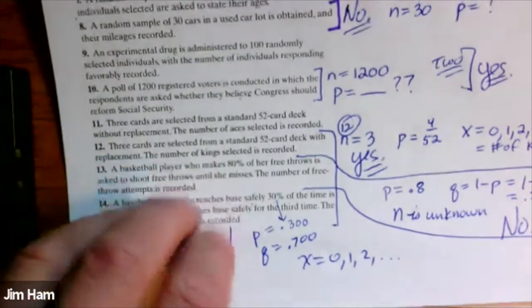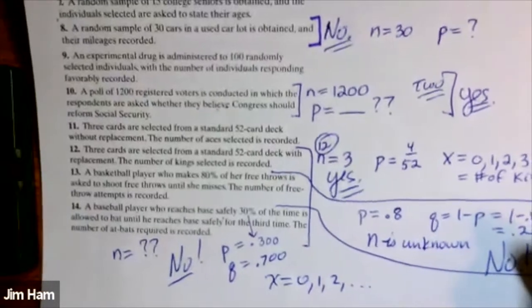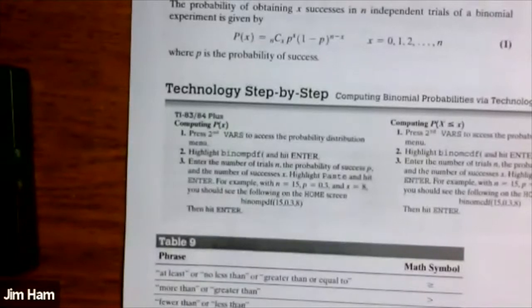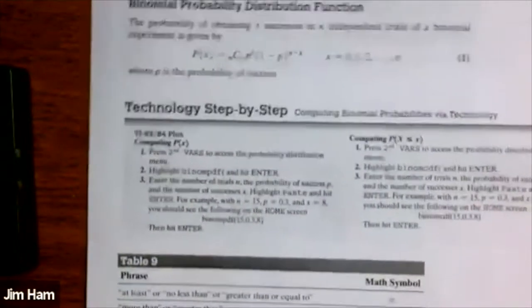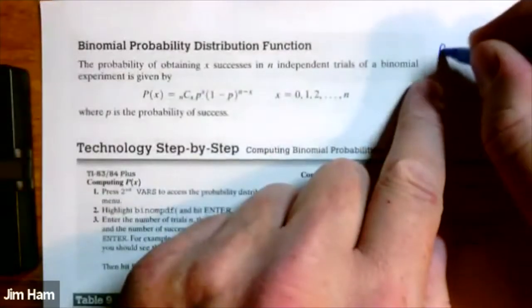All right, so determining whether a given setting is binomial is the first step. Now, most of the problems that you have after this point will be binomial. And so, again, remember what we're going to do. We now know what the setting is. Our goal is to calculate probabilities.